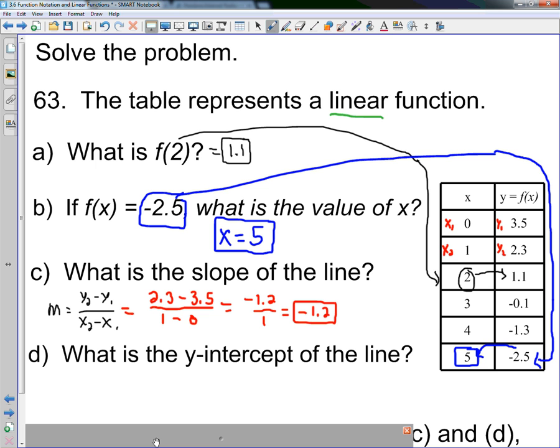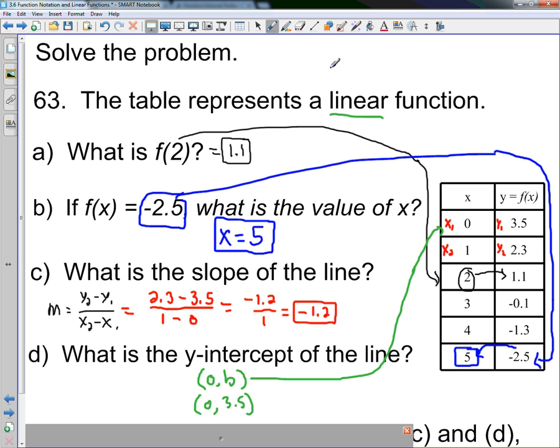Part D is asking us to find the y-intercept. Remember, the y-intercept is at the point 0, b. So if I have an ordered pair where the x value is 0, then my b value is my y-intercept. So notice that the first point we have is 0, 3.5. That means this is our b value.